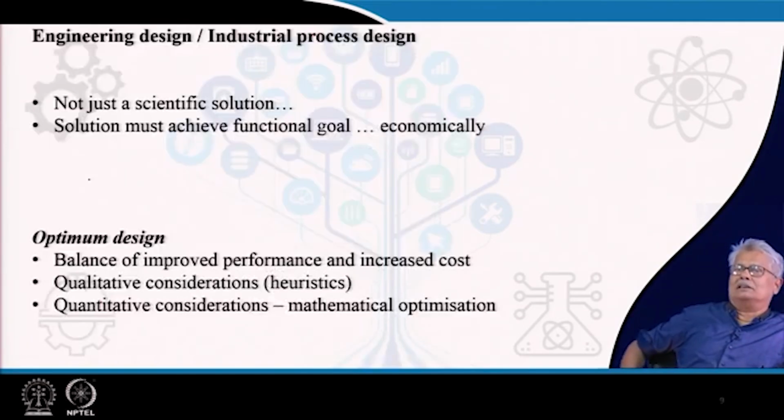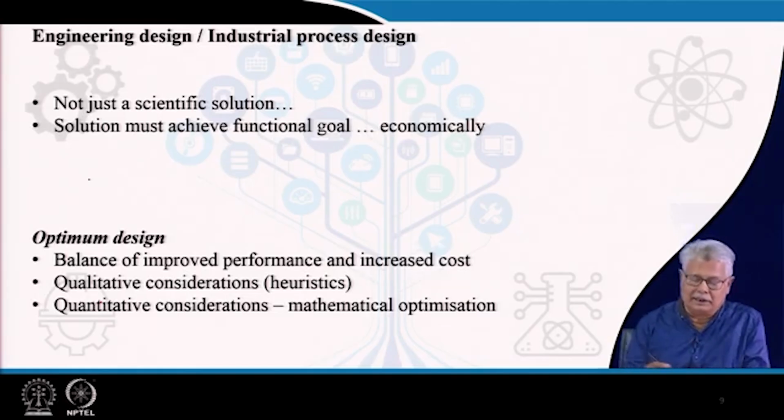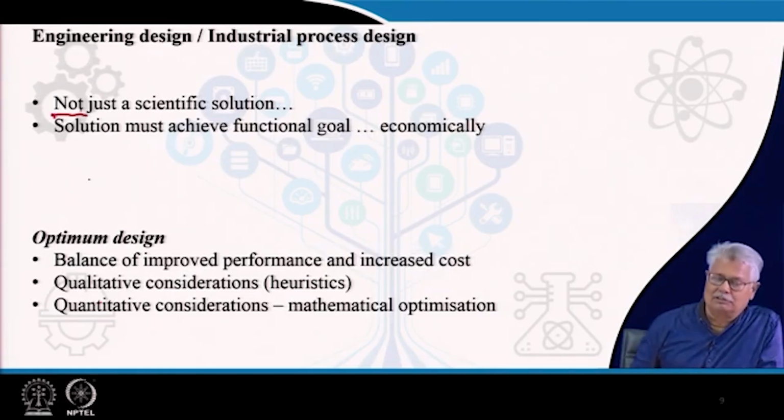So, we have some idea about the plant. What we do now is we talk about the engineering design or the industrial process design. The basic difference in case of engineering is it's not just science. It also involves a good amount of economics. So, what we look for in an engineering design solution or an industrial process design is not just the scientific solution. The solution definitely must achieve the functional goal.